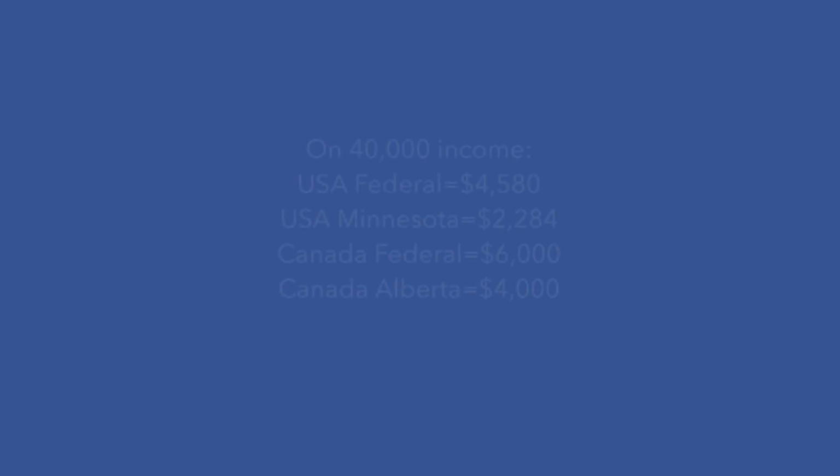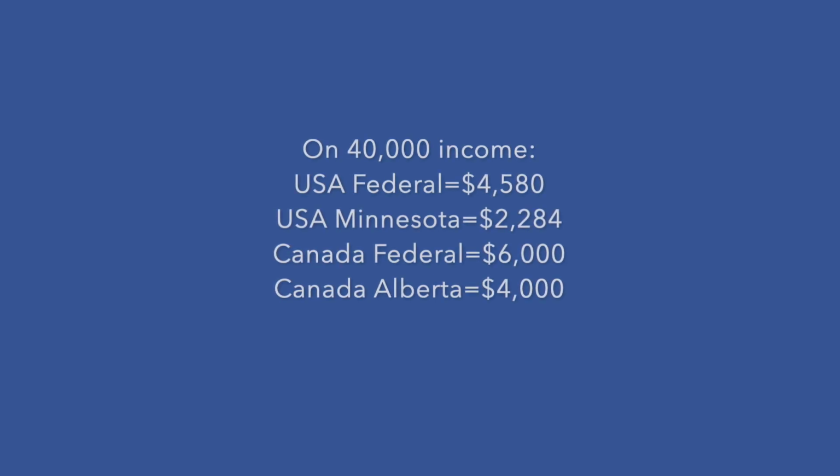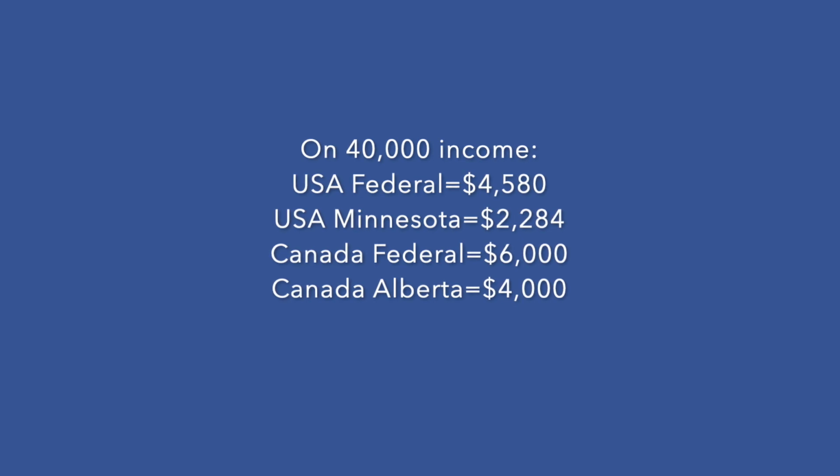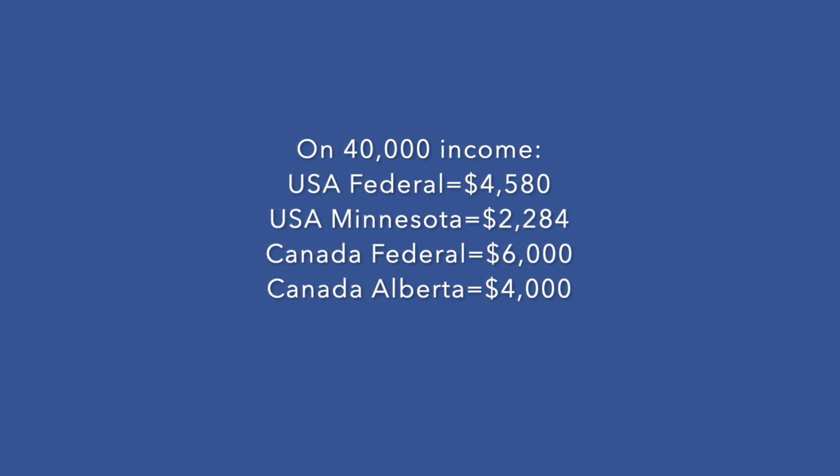So if you lived in Minnesota, you'd be paying 2,284 to Minnesota, and then you would be paying the 4,580 to the US federal government. Together, that gives an average US tax rate of 17.16%.